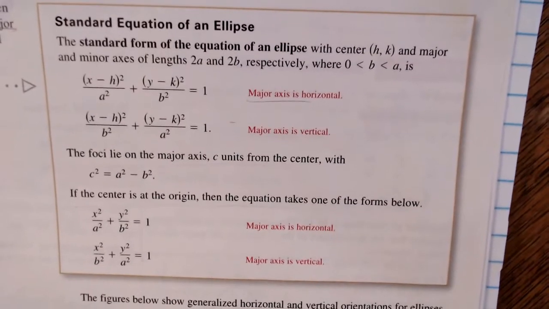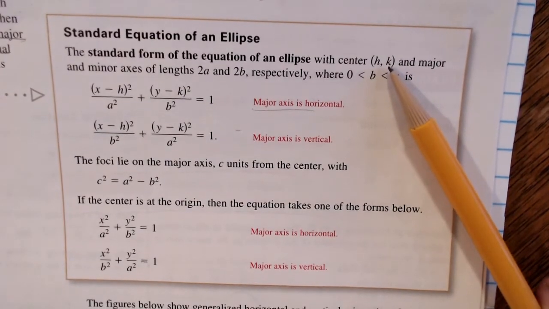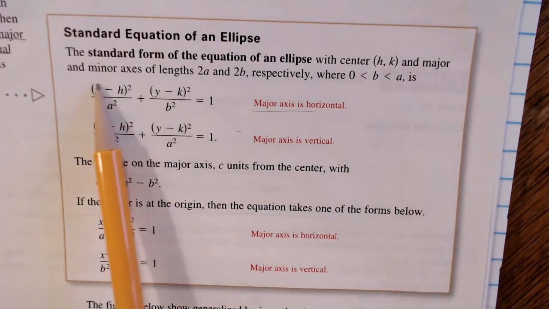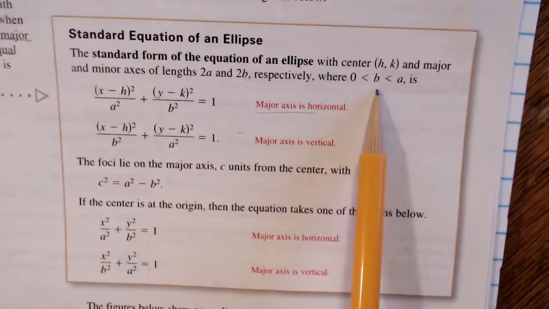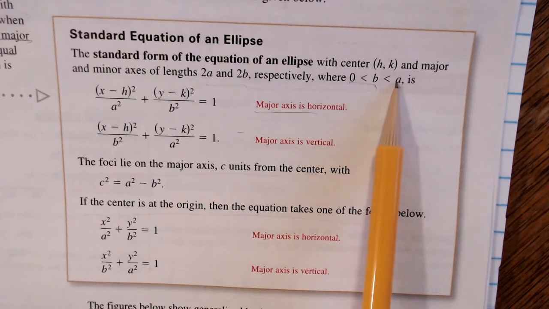If the center is (h, k), meaning not at the origin, and the major and minor axis lengths are 2A and 2B, where of course B is greater than 0 but less than A.